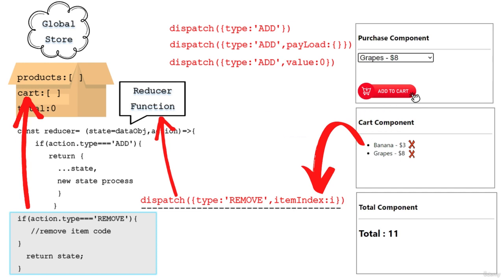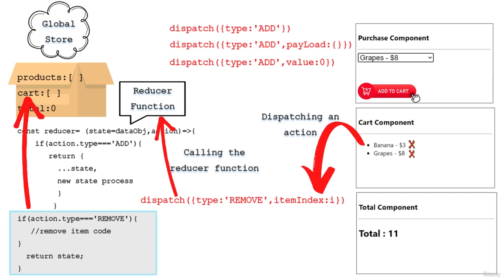So component is dispatching an action and also calling the reducer function, and reducer function, depending on the type of action, changes the cart here. So this is how the dispatch, reducer and global store work together. Once we see it practically, you will have a better idea, but this is the flow of a Redux application as well.